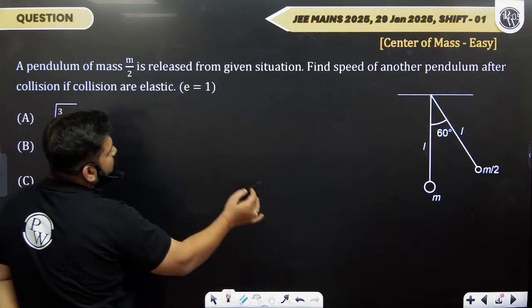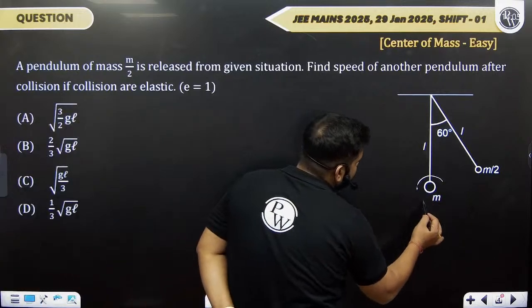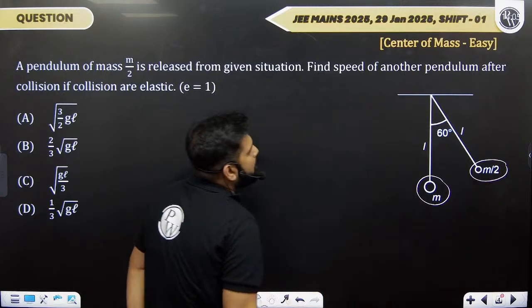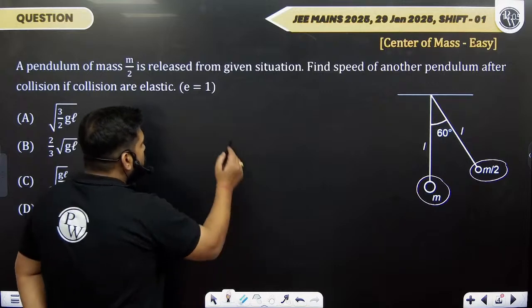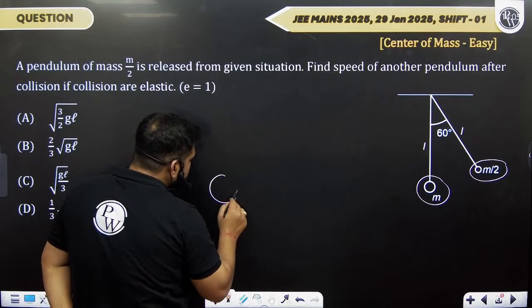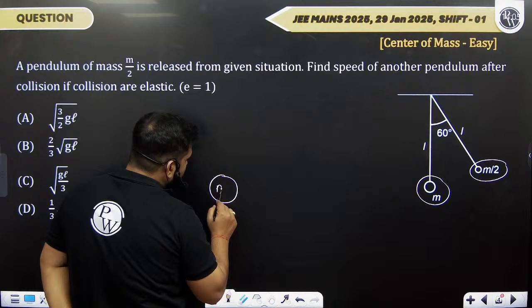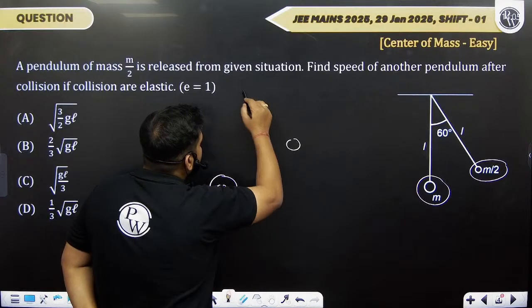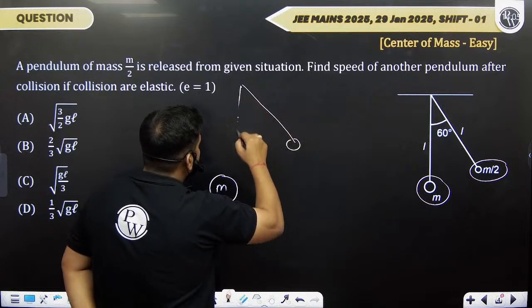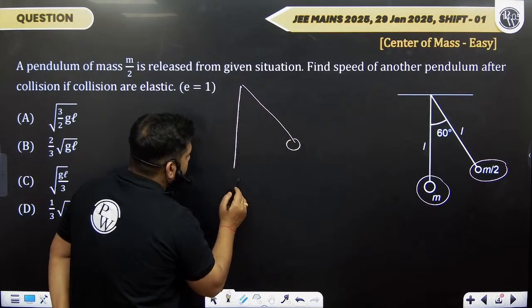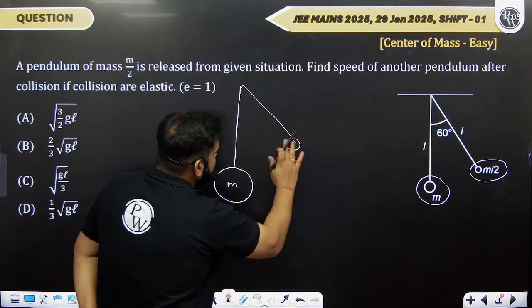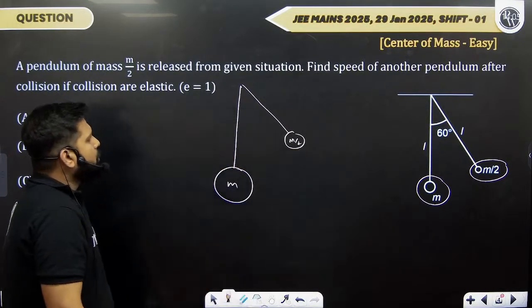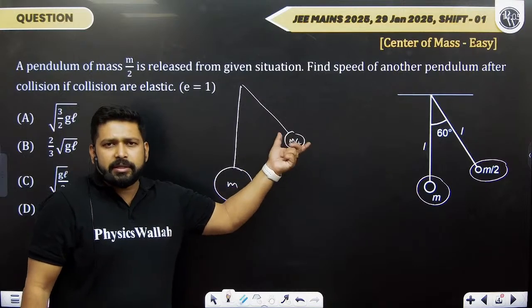There is one pendulum, this pendulum right here, having mass m, and there is another pendulum having mass m/2, connected to a string like this, which is going to eventually hit the pendulum of mass m. The mass m/2 is released from rest.